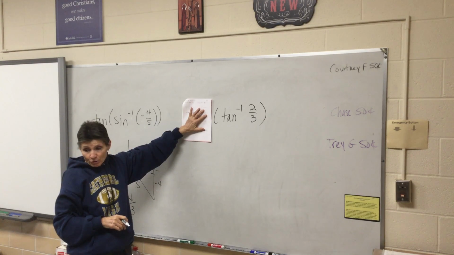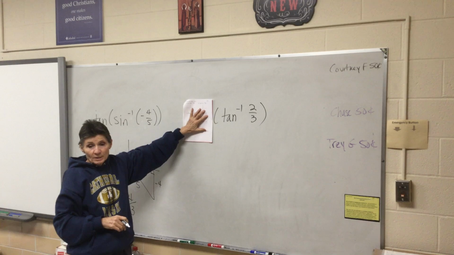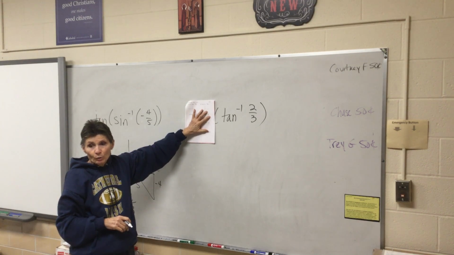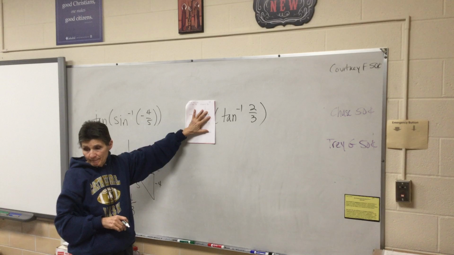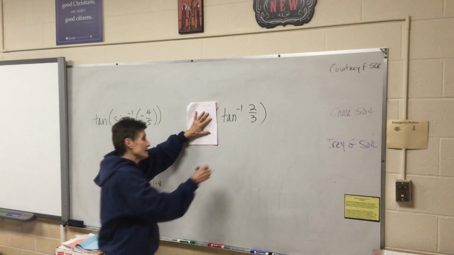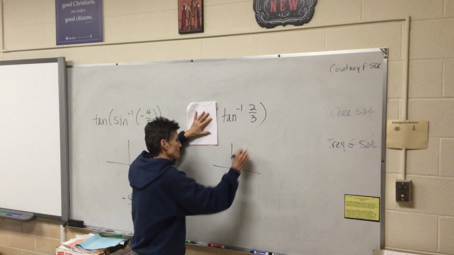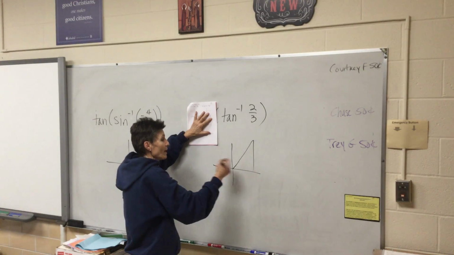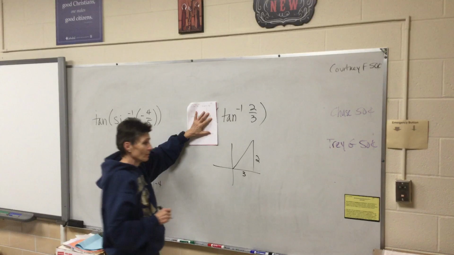Which quadrant are you going to draw your picture in? One. Yeah, easy question. That's a positive number, so it doesn't matter what function you have. If you're a positive number, you're in quadrant 1.